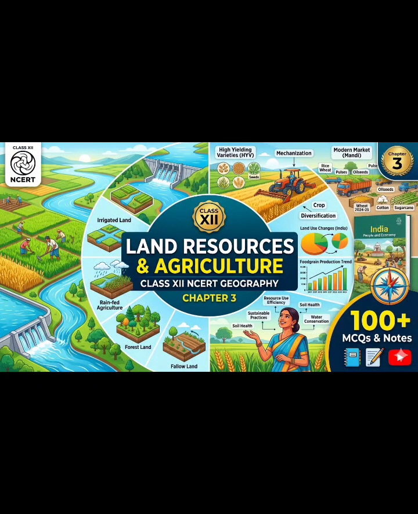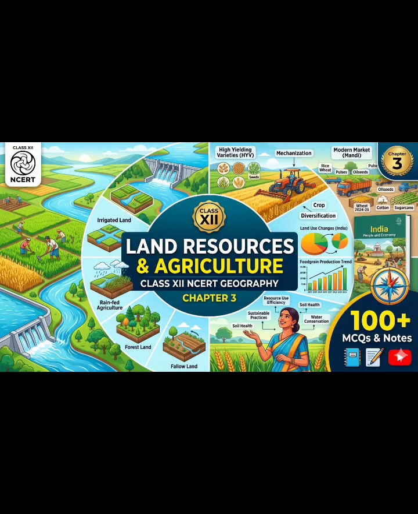The Rabi season begins with the onset of winter in October-November and ends in March-April. The low temperature conditions during this season facilitate the cultivation of temperate and subtropical crops such as wheat, gram and mustard.